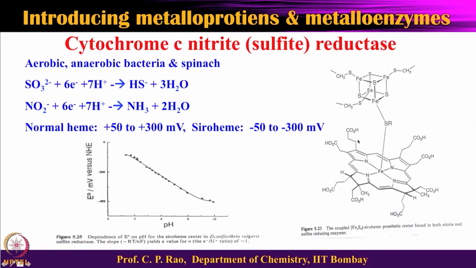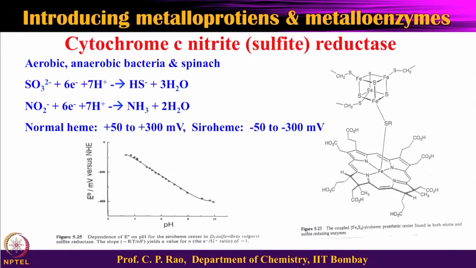The normal hemes we have looked at earlier will have plus 50 to plus 300, whereas the siroheme, depending upon the groups changed here as well as the protein surrounding, can go between minus 50 to minus 300. Why do you require such a center? Because you are going to reduce NO2 minus to ammonia.